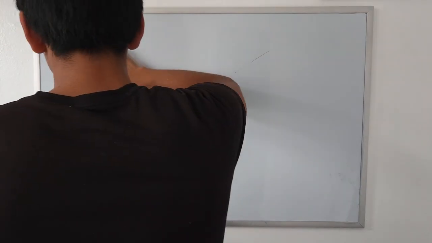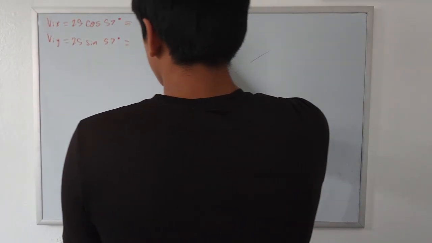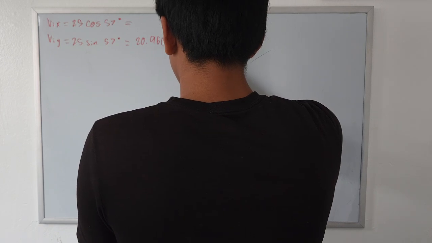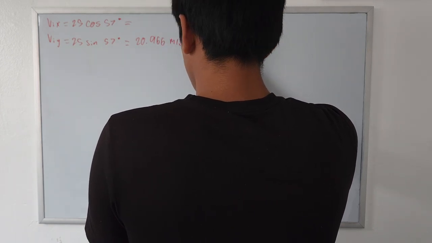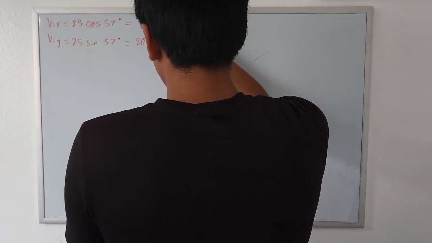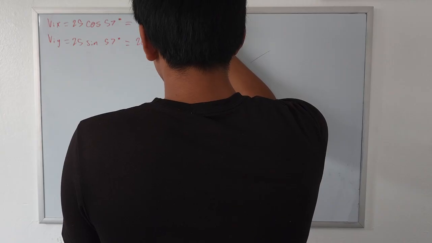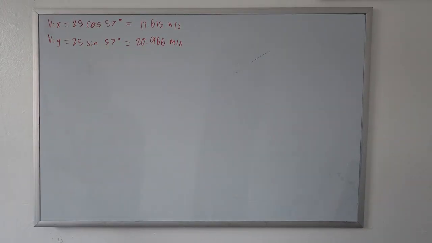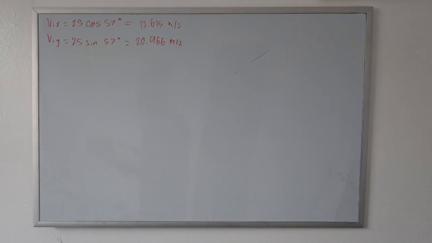Plugging that into the calculator, for sine you're going to get 20.966 meters per second, and for cosine, it's 13.615 meters per second. Okay, and then it's asking us what is the maximum height.